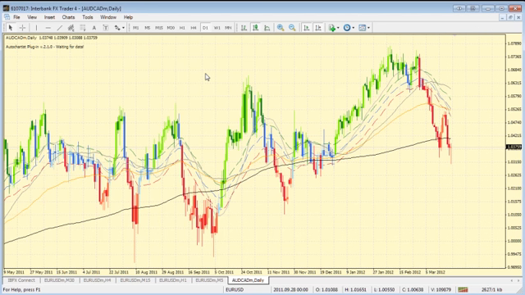I was showing people how it's best to get to know a pair before you trade it. So we went over to power stats right through the IBFX platform here, went over to IBFX.com and took a look at the typical spread, so we knew our cost per entry. We did all that, and then I finally said, yeah, this is a little higher cost per entry than, say, some of the majors that I'm used to trading, but the trend is down.